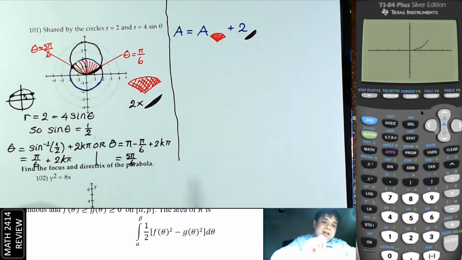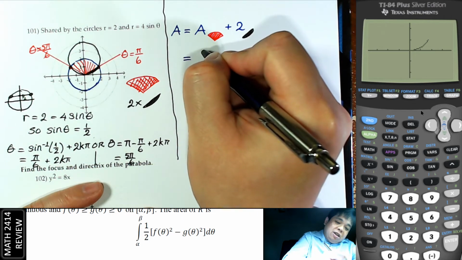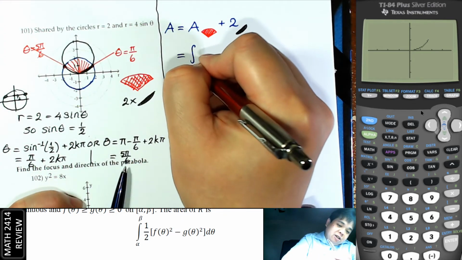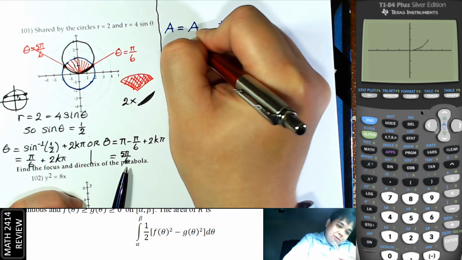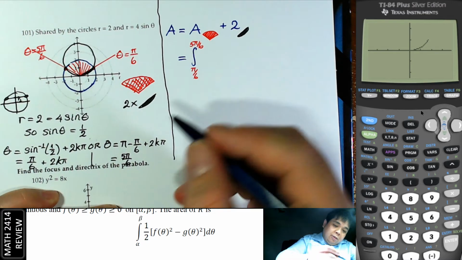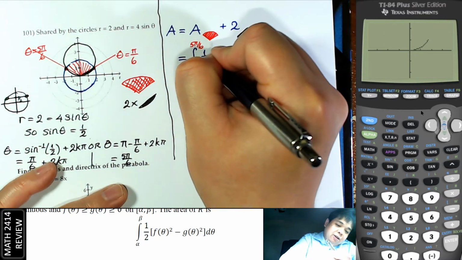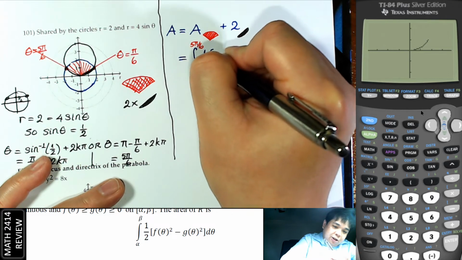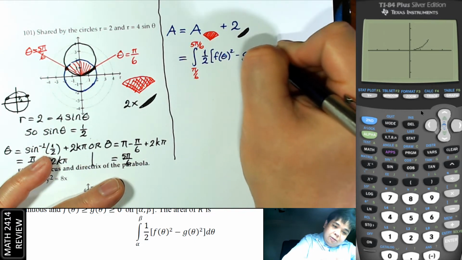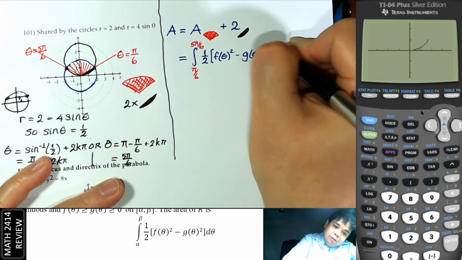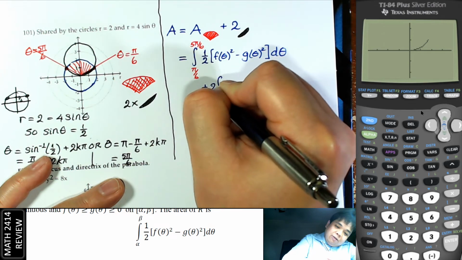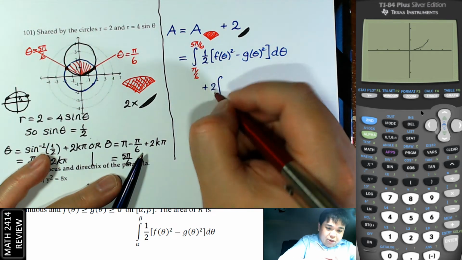So setting up, the area of the sector will be from pi over 6 to 5 pi over 6, and then 1/2, and then plus 2 times the area of that part, which goes from 0 to pi over 6.